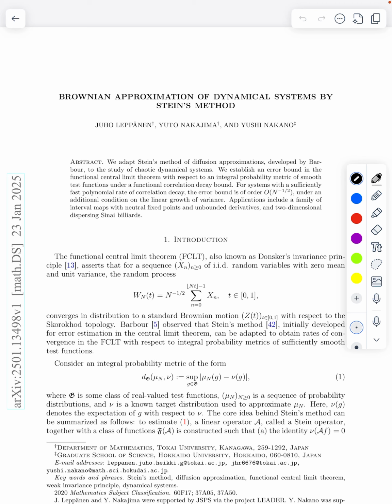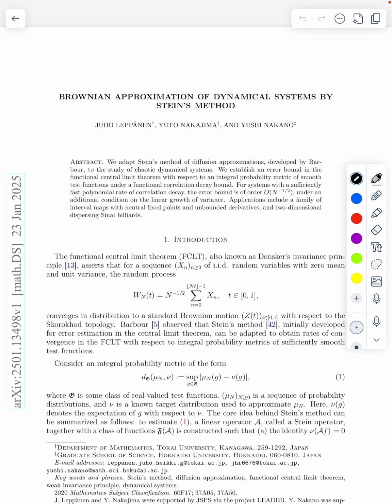So, what's the broad idea? First of all, I should introduce what Stein's method is. Back in around the 1970s, Charles Stein proposed a new technique for measuring the distance between probability distributions.